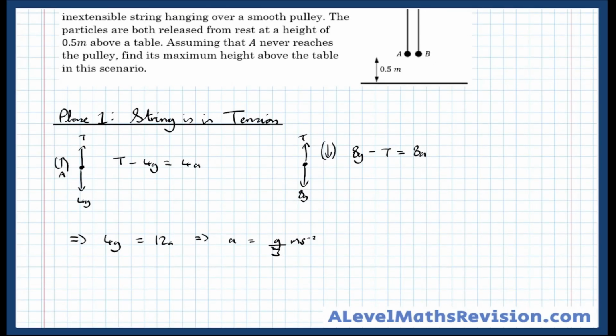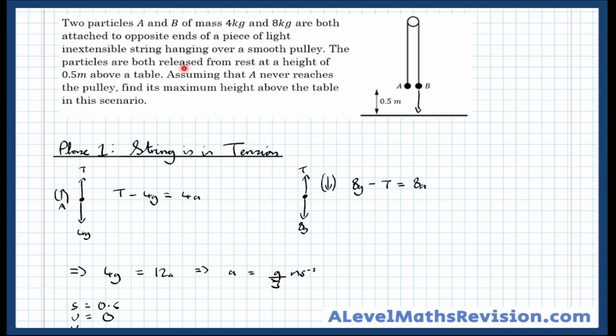So, doing that now. SUVAT, like that there. So we know that B has travelled 0.5 meters down. It's hitting the ground 0.5 meters below where it was. Its initial speed was 0 because it was released from rest.